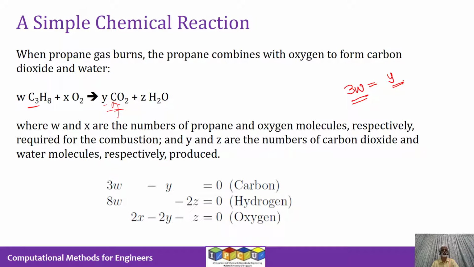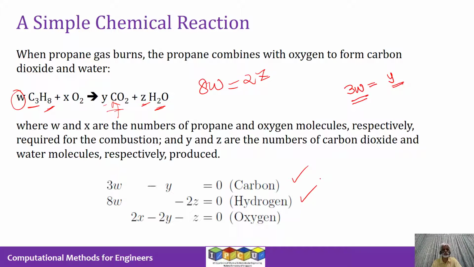Therefore, we have 3W is equal to Y, or 3W minus Y is equal to 0. For hydrogen, we have 8 times W. That should equal 2 times Z. So you have 8W is equal to 2Z, or 8W minus 2Z is equal to 0.